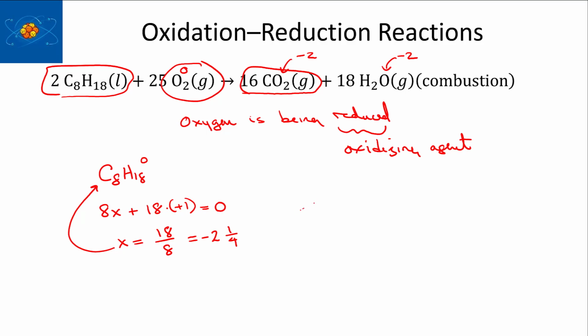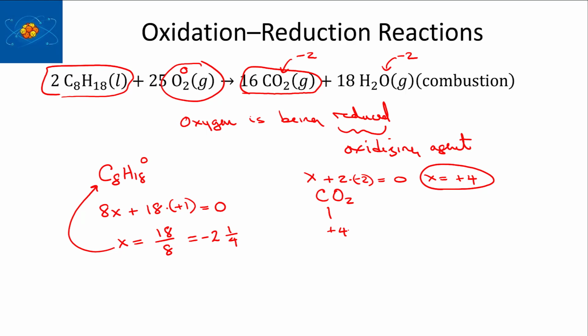In carbon dioxide, it's just CO2. So this is x, and it's plus 2 times -2 for the charge of oxygen, and that's equal to 0, so x equals +4. So this oxidation state is +4.